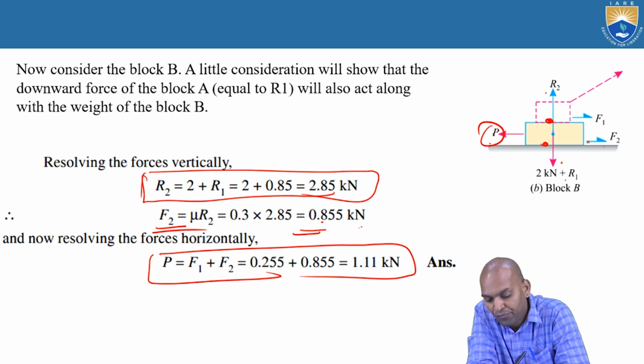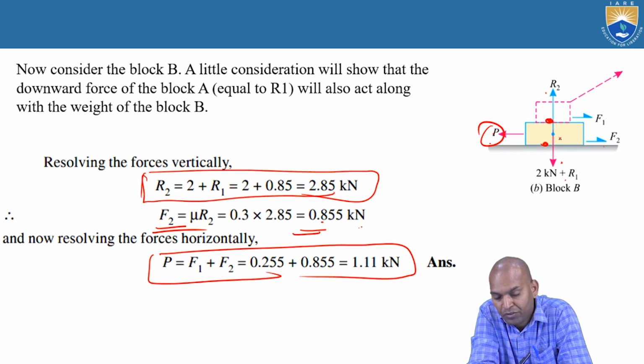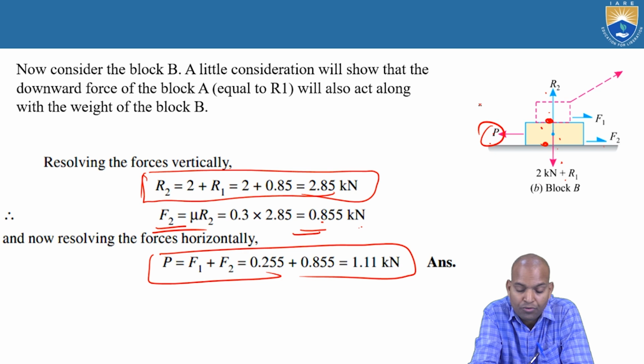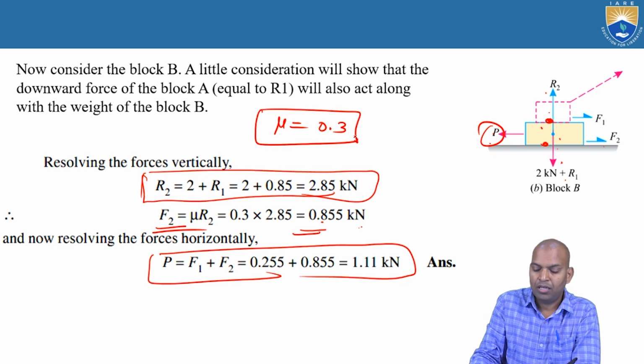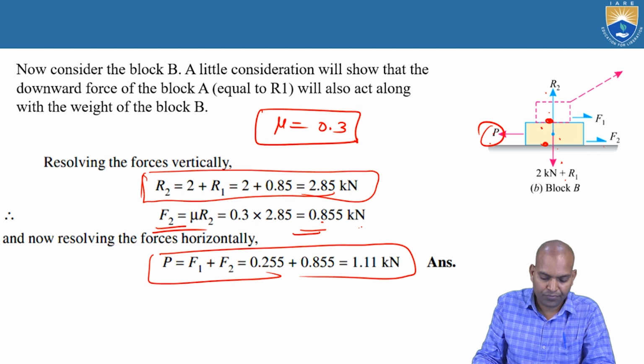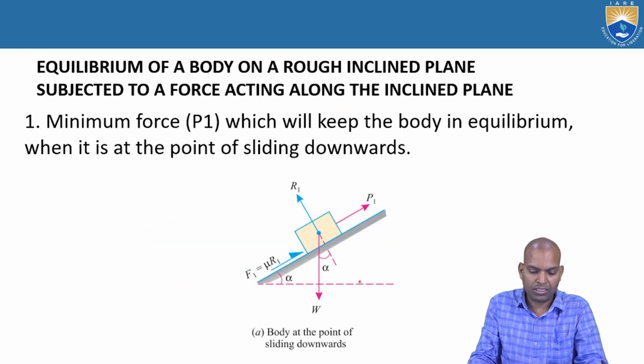Here F2 is the frictional force between block B and the floor, whereas F1 is the frictional force between block A and block B. The coefficient of friction between block A and block B, and between block B and the floor, is 0.3. So P equals F1 plus F2, that is 1.11 kilonewtons.